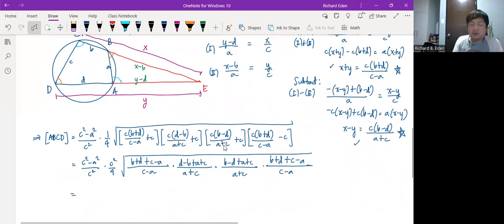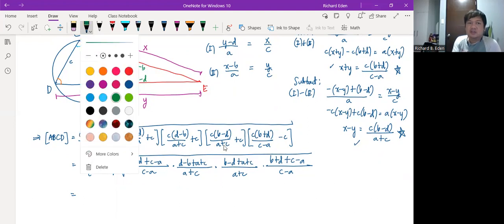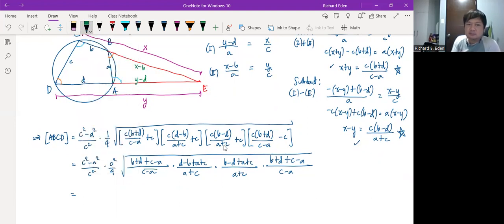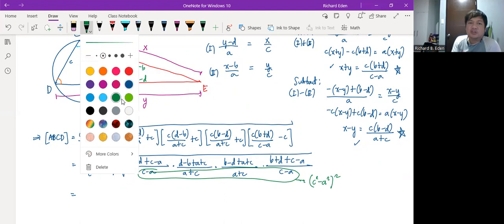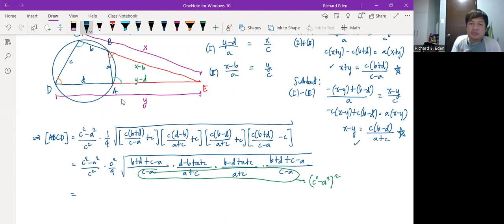There are four denominators, but they are either c minus a or c plus a. So therefore, this is going to be c squared minus a squared to the second power. So then we see us being able to bring it outside. So you have c squared minus a squared over c squared.